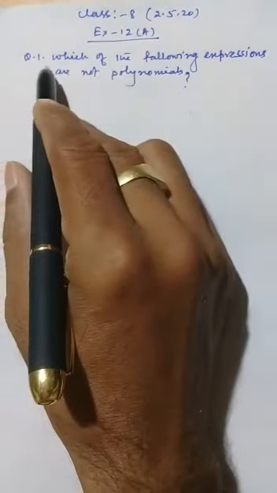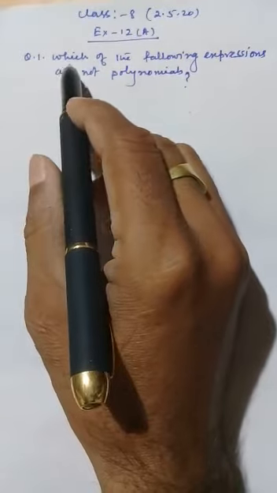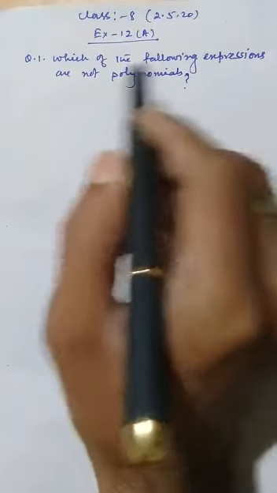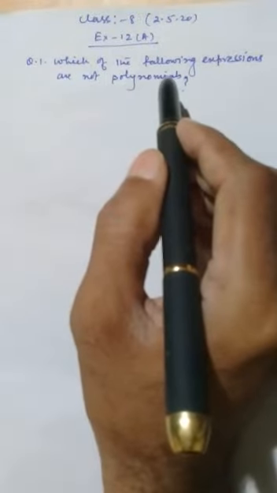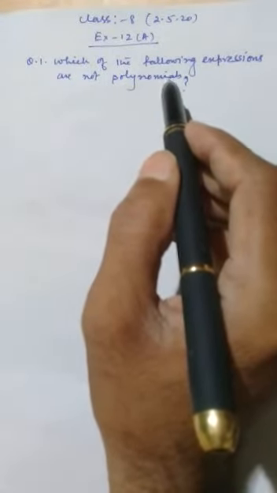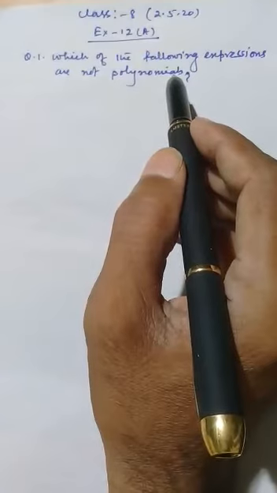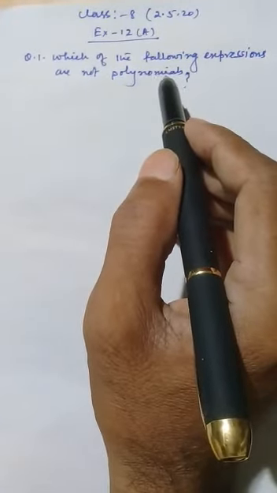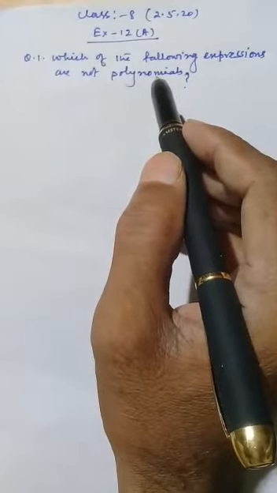So in question number 1, what we have to find? Let me read the statement. Which of the following expressions are not polynomial? So there are many expressions and we have to choose the expressions which are not polynomials.